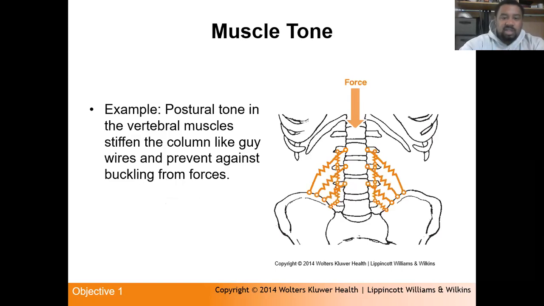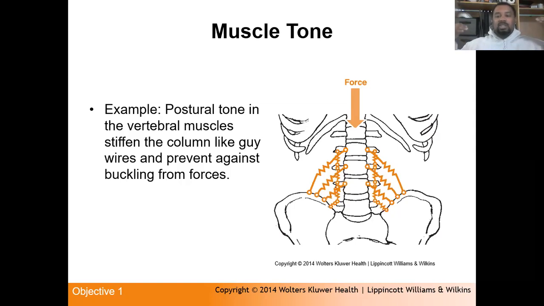Keep going. So this is just an example: posture control and the vertebral muscles stiffening the column, like guy wires, to prevent it from buckling under forces. That's more of an example of when you're picking something up that's really heavy. Say I'm picking up a really heavy box and I have to lift it over my head. Posture control and muscle tone play hand in hand, because now my muscles have to stiffen up my back.